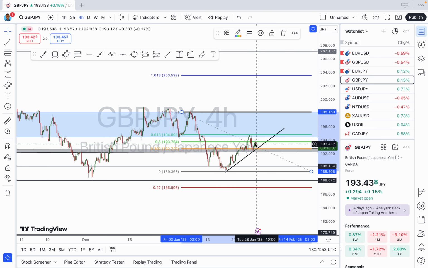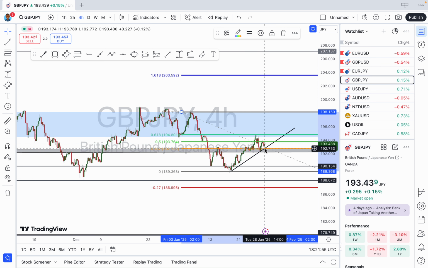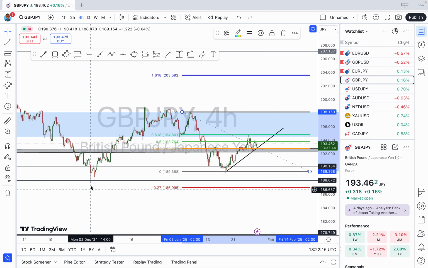A counter trend line. This is a lower high here, and once we break this guy, we need to break this guy first. You understand? So once we break this guy, we can now start looking for selling opportunities to the downside from here till about here.